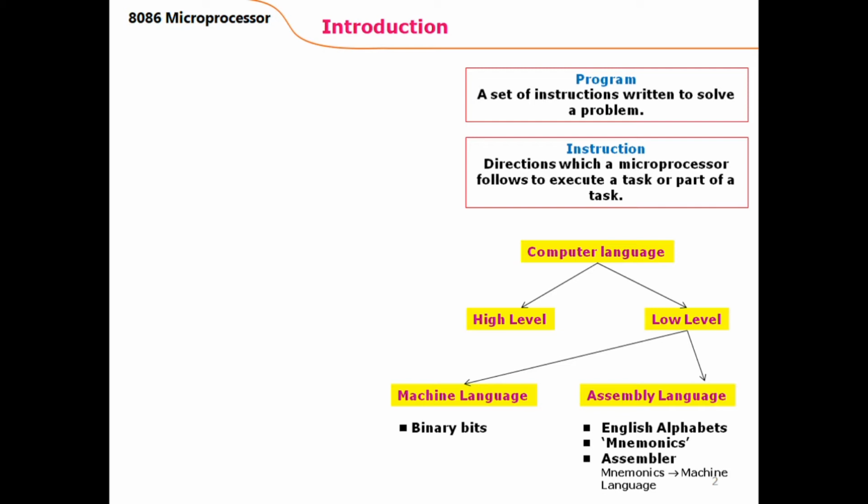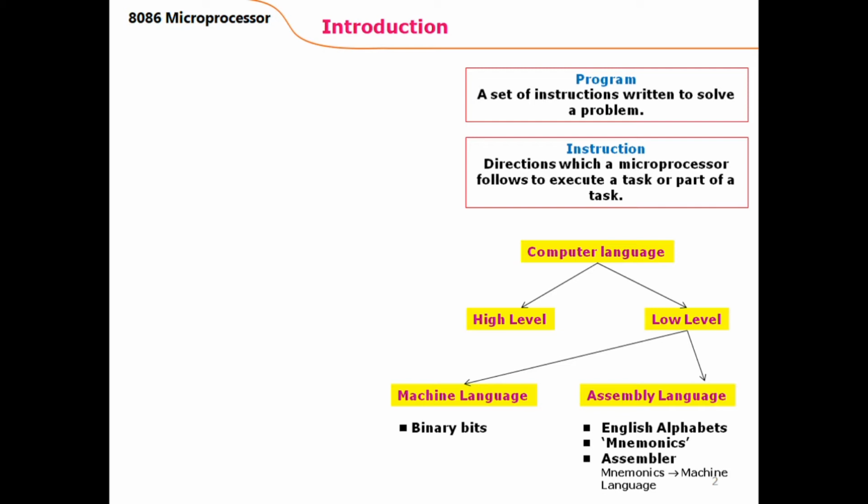But the problem is that the computer doesn't understand programs in assembly language. To do that, instructions or programs written in assembly language are translated into bits in machine language.